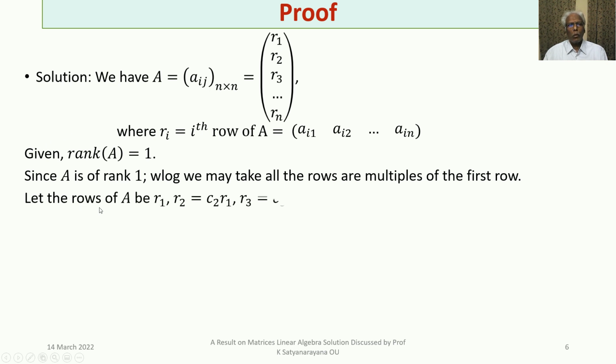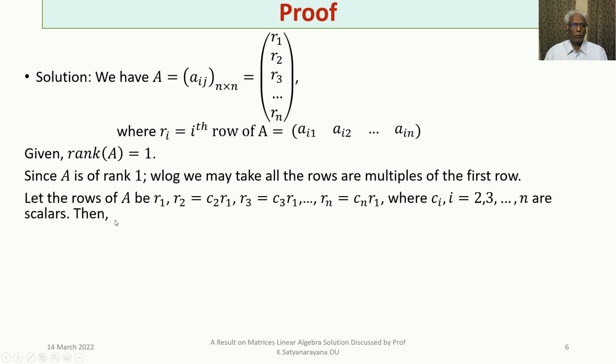Let the rows of A be R1, R2 is C2 times R1, R3 is C3 times R1, Rn is Cn times R1, where Ci for i equal to 2, 3, etc., n are properly chosen scalars.